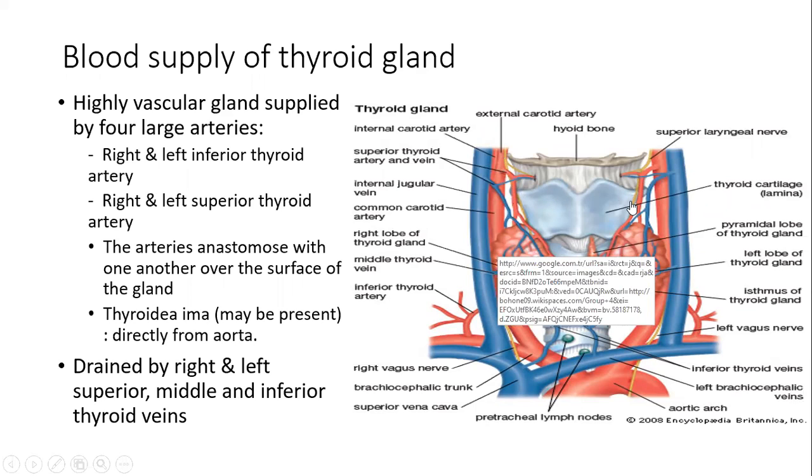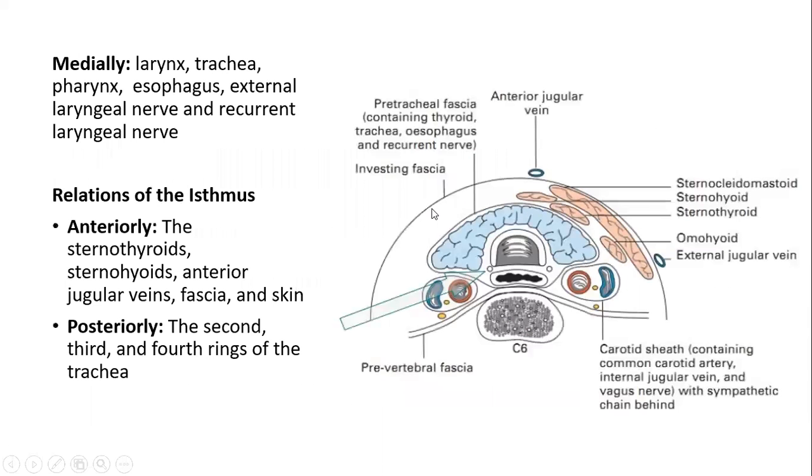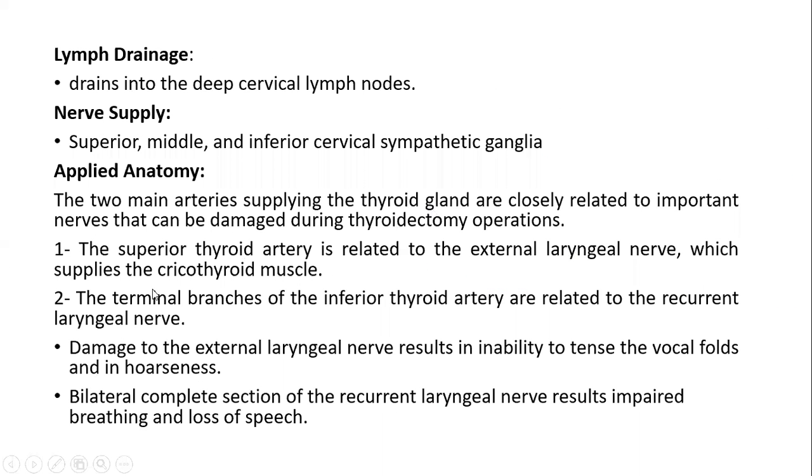The second is the terminal branch of the inferior thyroid artery, which is related to the recurrent laryngeal nerve, one more very important nerve which is supplying the larynx.